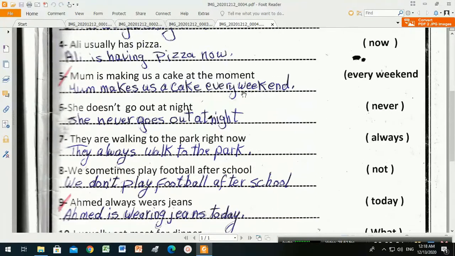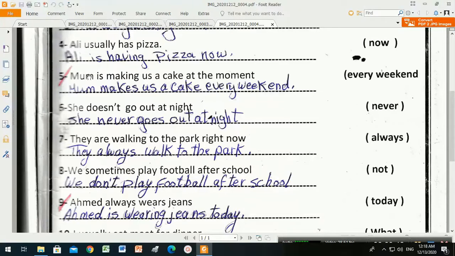Okay. Number 5, Mom is making us a cake at the moment. Between brackets here, every weekend. Okay. First step, we will remove is and then ing and then at the moment. Because this is what? Which tense is this?